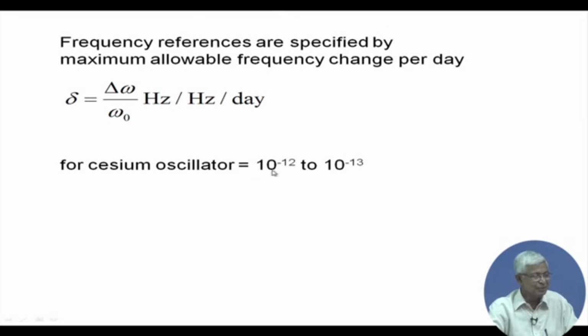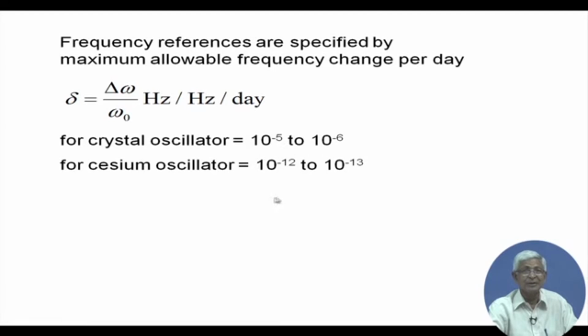That is 10 to the power minus 12 to 10 to the minus 13. This is the order. Whereas an ordinary crystal oscillator is 10 to the minus 6 to 10 to the minus 5, depending on whether it is oven controlled or ordinary. It may be slightly poorer than that. There is a range of changes that is seen in frequency references.